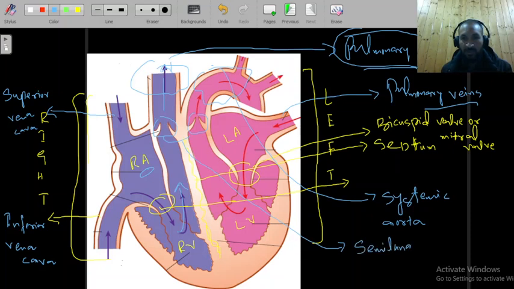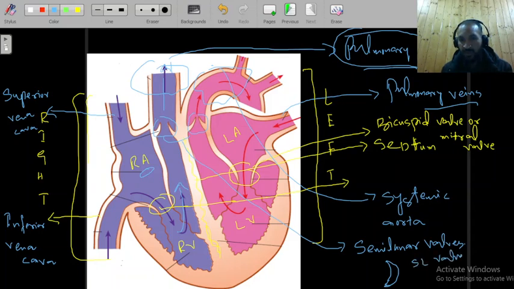Semi means half, and lunar refers to the moon. So they are half moon shaped like this. That's why they are referred to as semilunar valves.